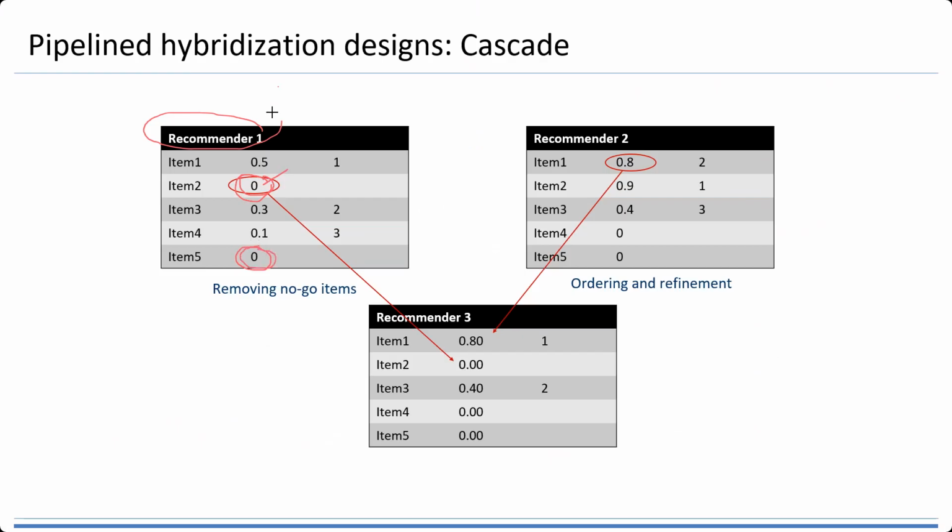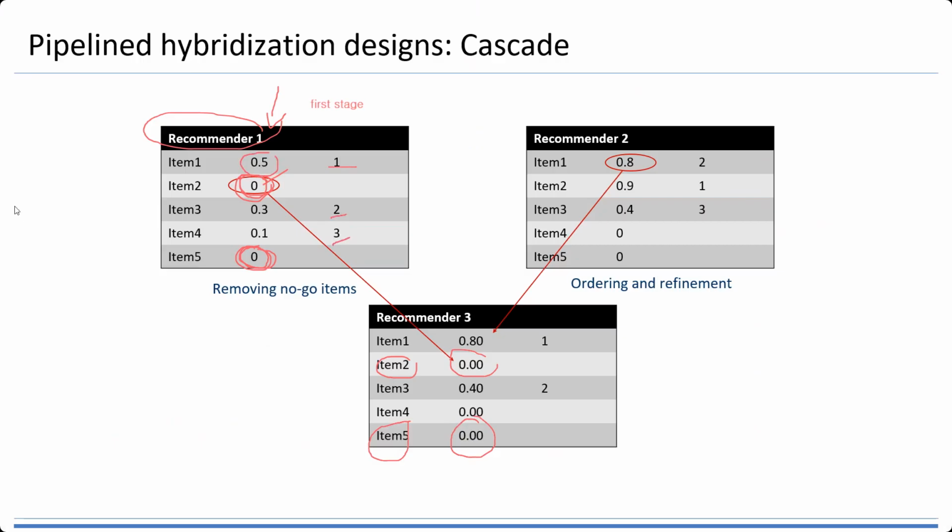This is in the first stage. Because the first stage is already 0, just make item 2 and item 5 as 0. We don't care about the second one or the third one. We only care about rank number 1, rank number 2, and rank number 3.